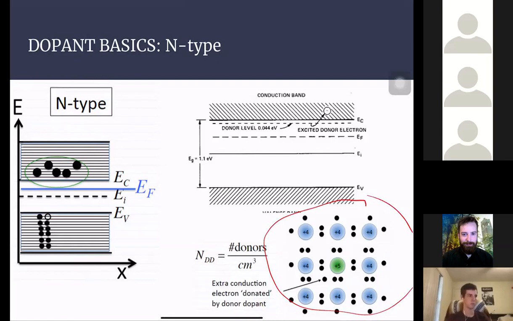Imagine we are adding a pentavalent, a 5-valence element like phosphorus, which has 5 electrons. It would mean that even after bonding with all the other silicon atoms, there would be an electron left over. This electron is kind of lonely, and also playful. It can jump around from phosphorus to phosphorus, or wherever there is a vacancy.